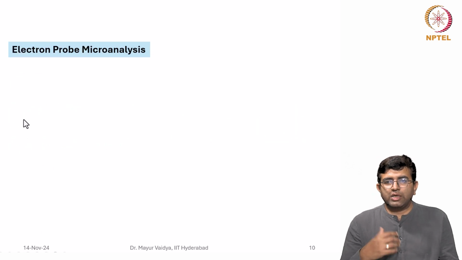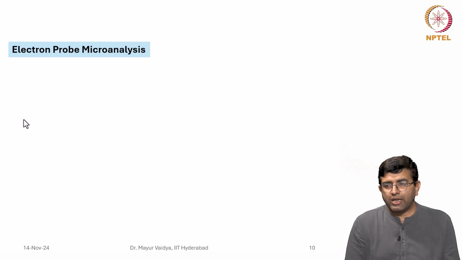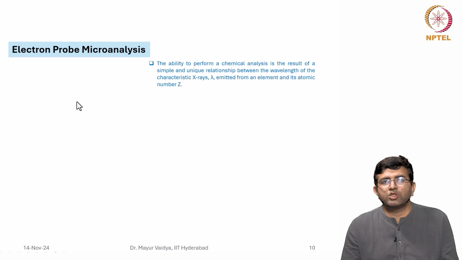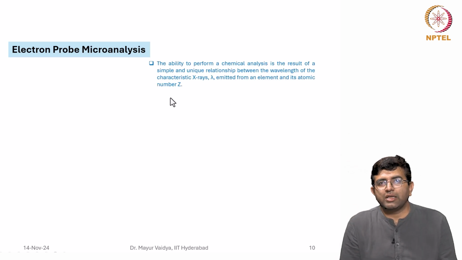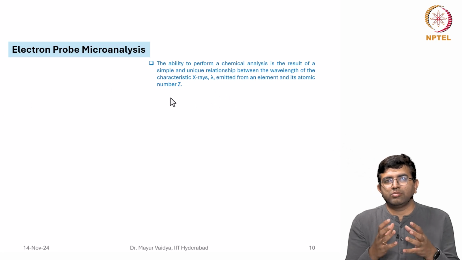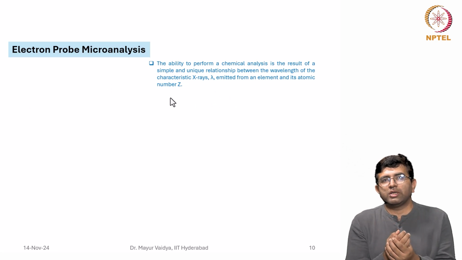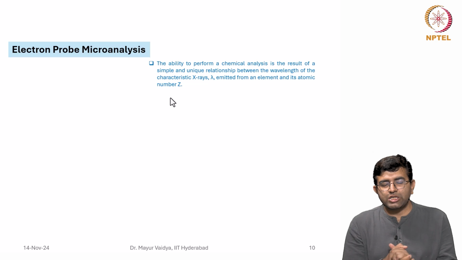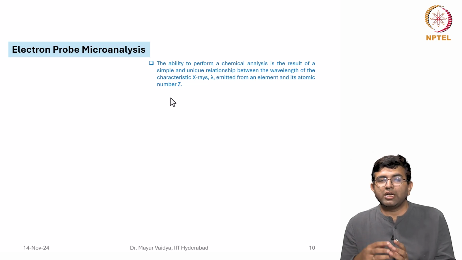Now let us talk about another technique, which is electron probe microanalysis. The ability to perform a chemical analysis is the result of a simple and unique relationship between the wavelength of the characteristic X-rays emitted from an element and its atomic number.